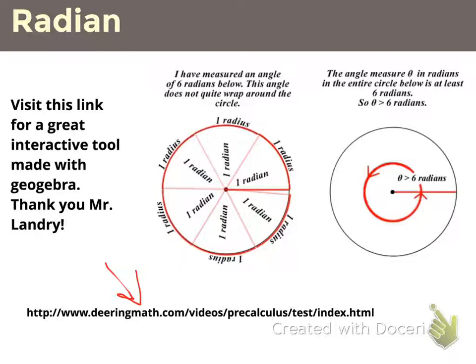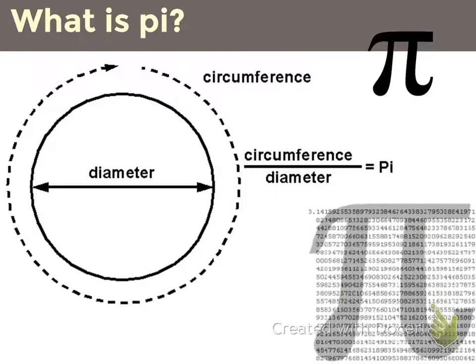And he actually went through the trouble of measuring, like if this is 1 radian, and then taking that same line and stretching it around the circle, the arc of the circle here, the circumference, all the way around. And when you do, he has 6 radians here. It doesn't quite wrap around the circle. So just kind of keep that in mind. So the numbers didn't quite fit.